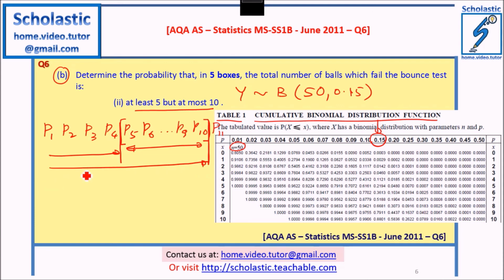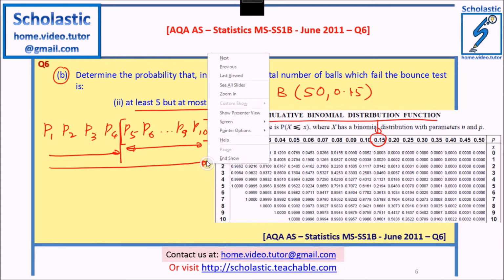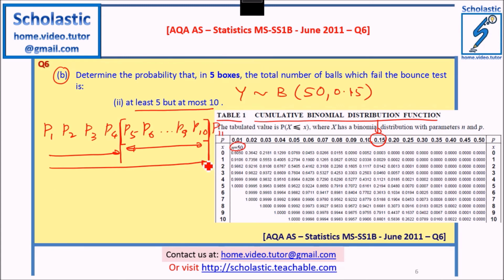So that means the area that we need to reduce is from y equal to 10 down to y equal to 4, we have to take away. That means if I write the equation, probability of y should be in between 5 and 10. So that is the given condition, at least 5, at most 10.